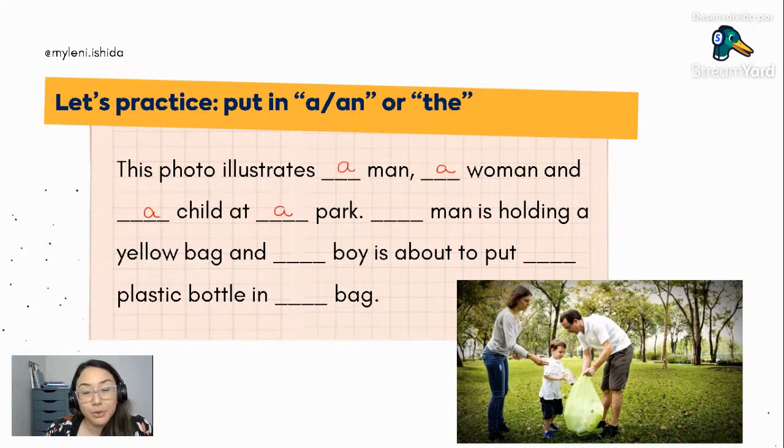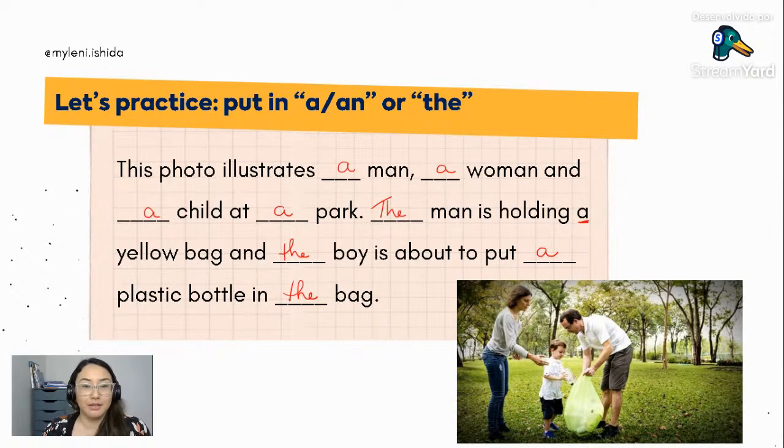Then I'm going to continue and refer back to the people that I was talking about before. So here we're going to say the man is holding a yellow bag and the boy is about to put a plastic bottle, because it's the first time that I'm talking about the plastic bottle, in the bag. Okay? Here I have an indefinite article as well.